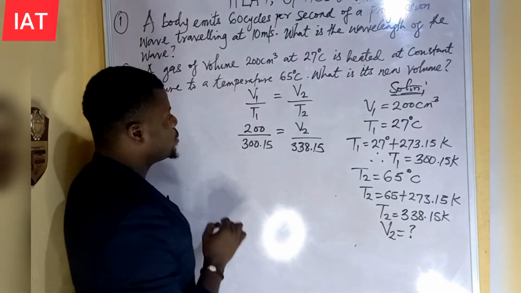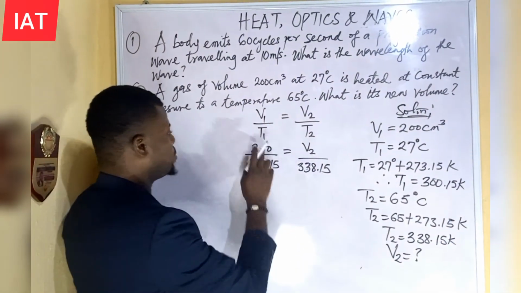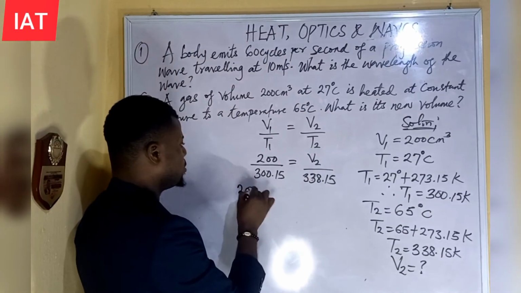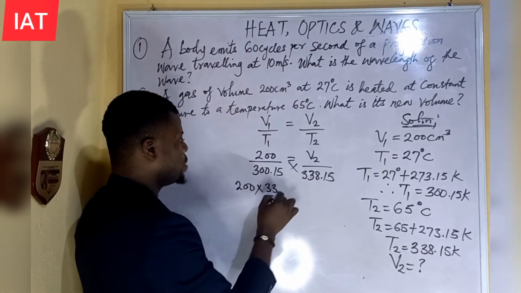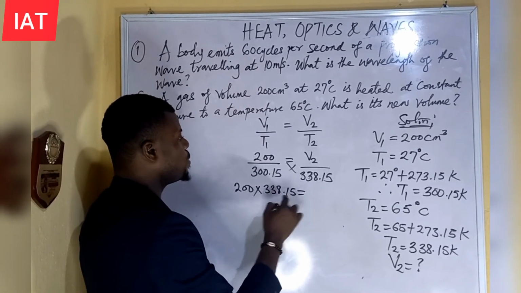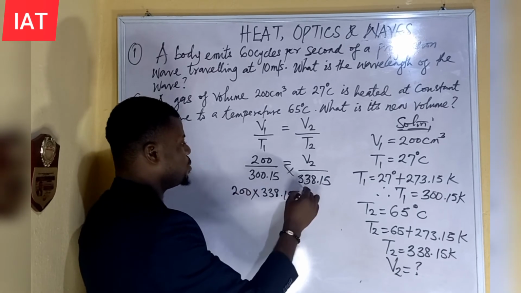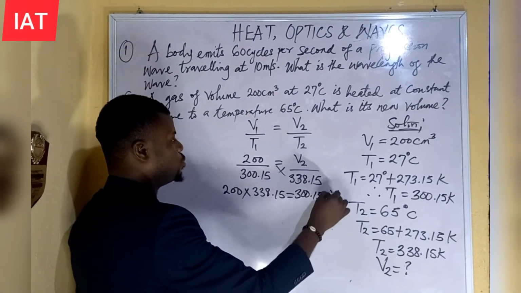All right. So since we are meant to make V2 the subject of the formula, we have to cross multiply: 200 by 338.15 equals 300.15 multiplied by V2.